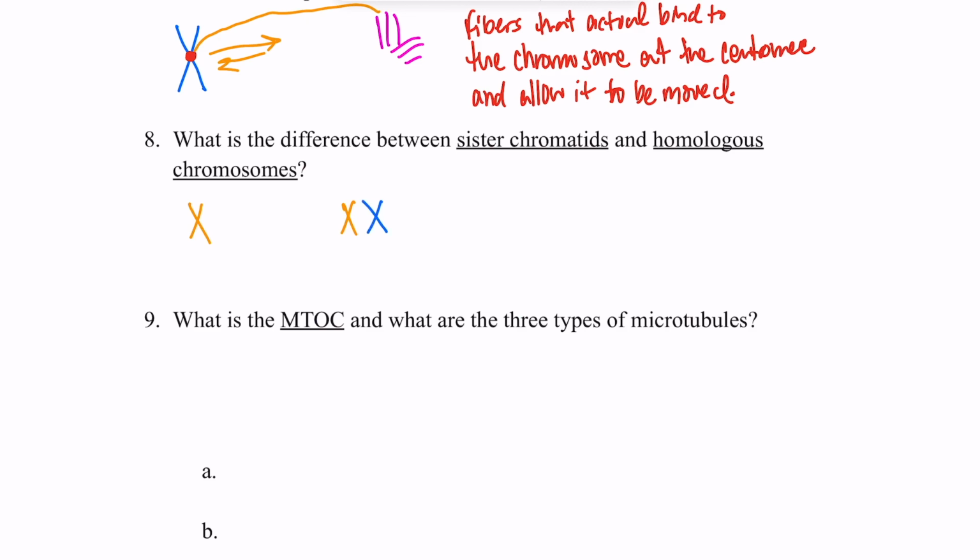Right, and this will be pretty clear when we're looking at meiosis, we'll see sister chromatids lining up in meiosis 2, and then homologous chromosomes will be meiosis 1.